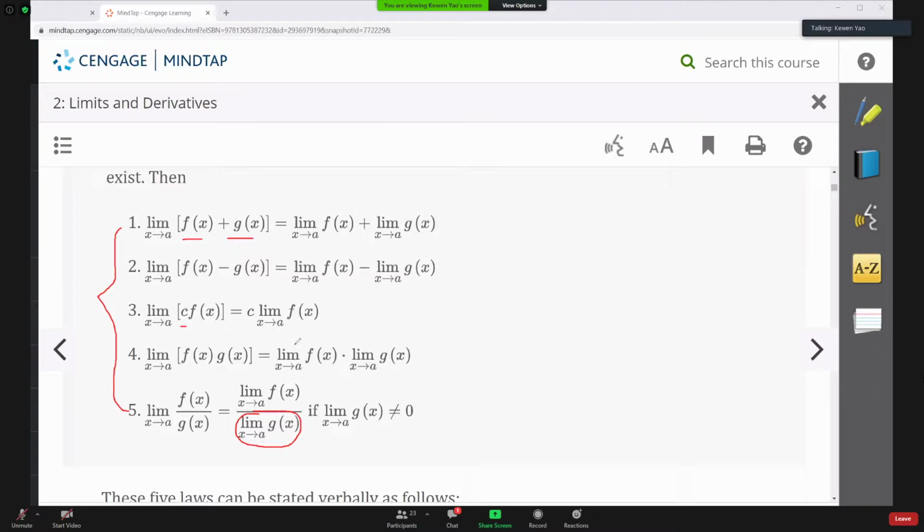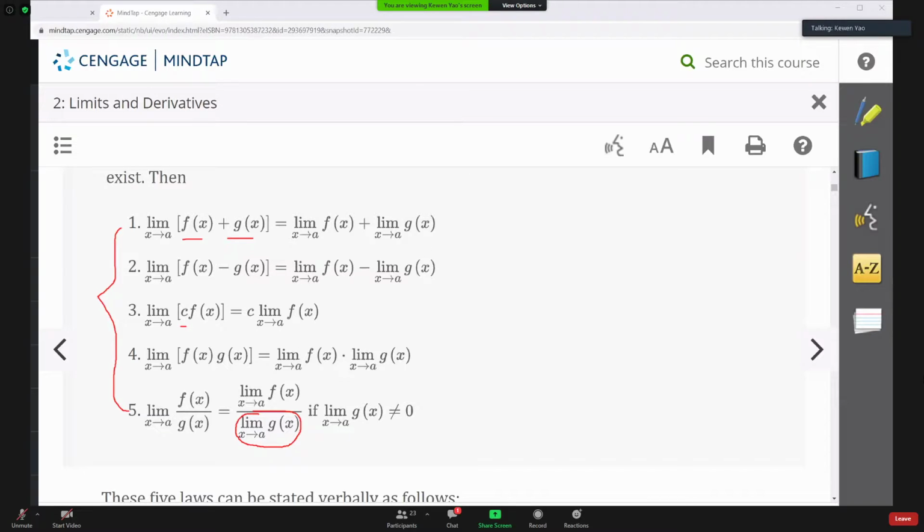It's easy to remember. We have 4 operations, so the limit of their operations equals the operation of their limits. Limit of sum equals the sum of limits and so forth. So we have to use that to calculate the limit, okay?